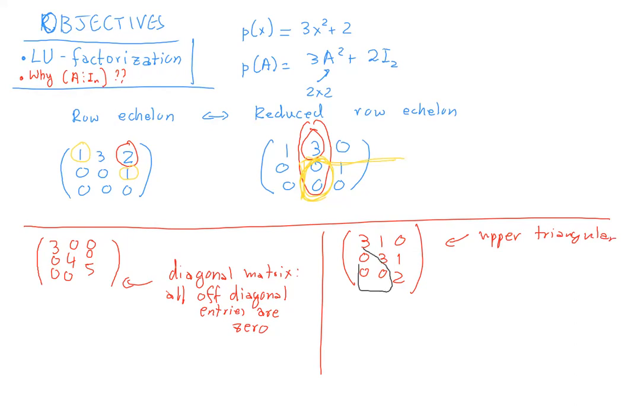So what's the definition of an upper triangular matrix? All entries below the main diagonal are 0. The main diagonal is always the diagonal that goes from the left upper corner to the right lower corner.